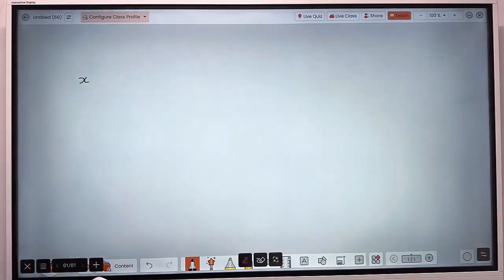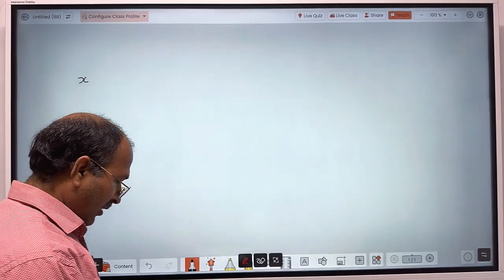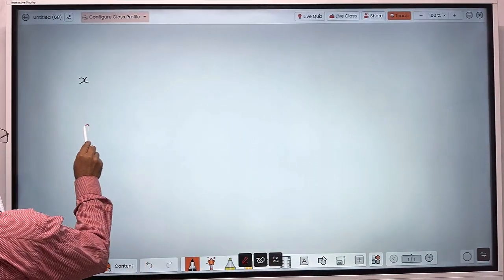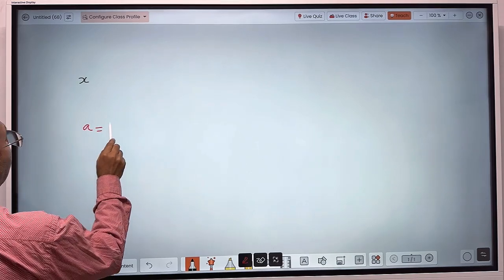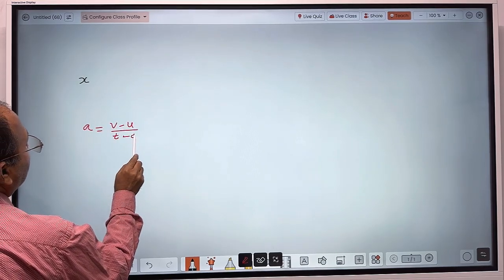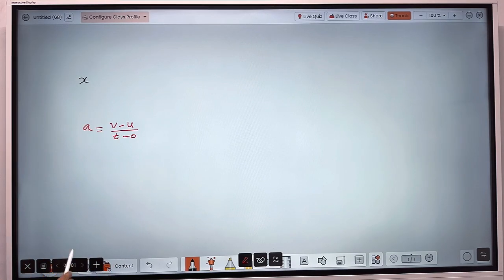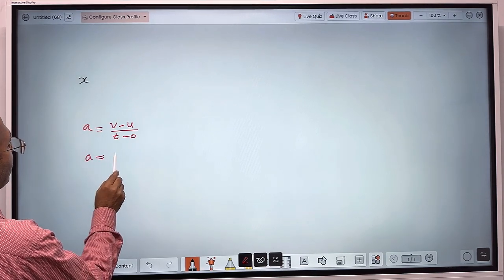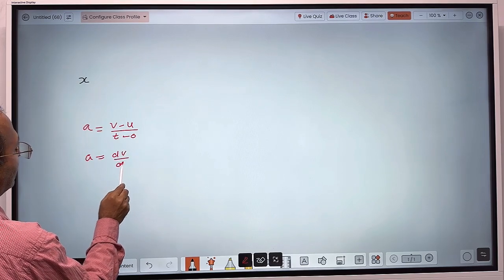Calculus means differentiation and integration. Now let's see. You know, acceleration is change in velocity v minus u divided by t minus 0 when time starts from 0. This can also be written as a equal to dv upon dt.